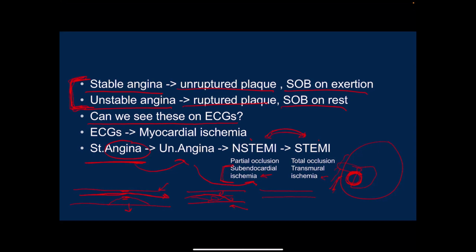So once you see signs on the ECG, it means that you have already reached myocardial ischemia. Here it's just blood occlusion, but the heart is still viable fully. So when we start seeing changes on the ECG, it means that now you've reached the stage where there's ischemia to the myocardium. That's why you only see an NSTEMI and the STEMI on ECGs.